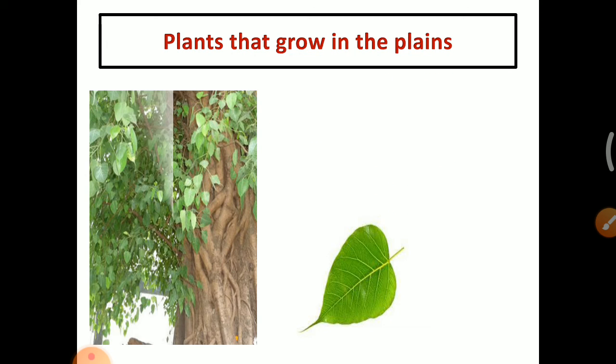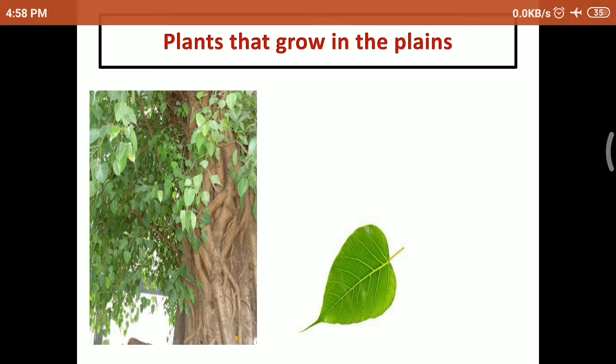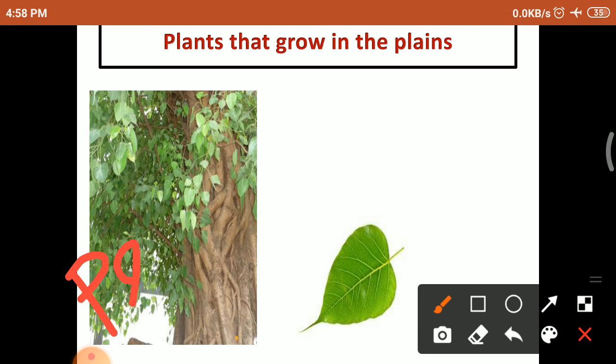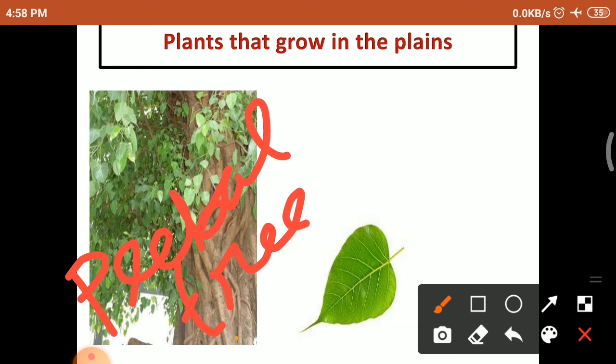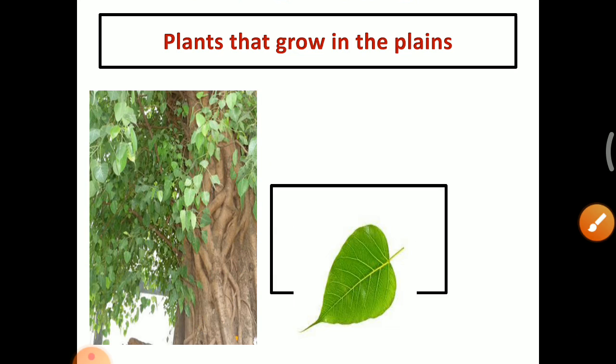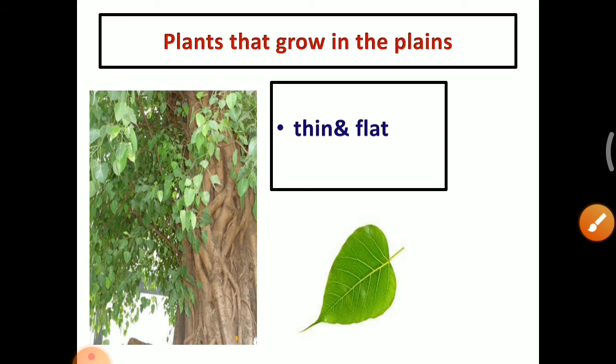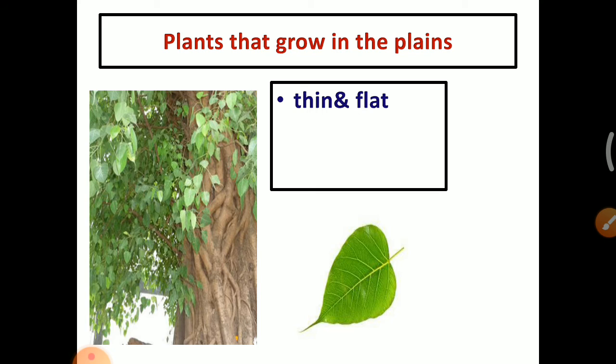And one more tree that grows in a plain area is the peepal tree. This is a peepal tree. It also grows in the plain area. So plain area trees have thin and flat leaves. Why do they have thin and flat leaves?